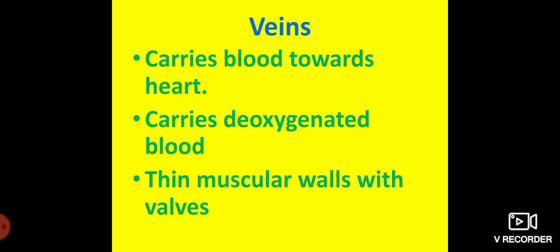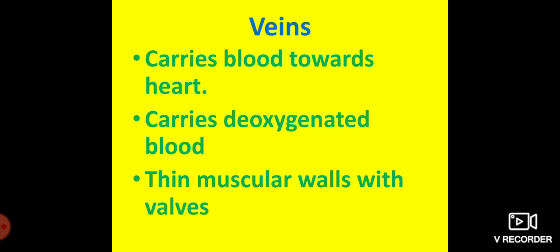The valves help to prevent the backflow of the impure blood when it flows to the heart, because the impure blood has to be purified. So it is taken to the heart for purification. So the veins contain valves which help to prevent the backflow of blood.